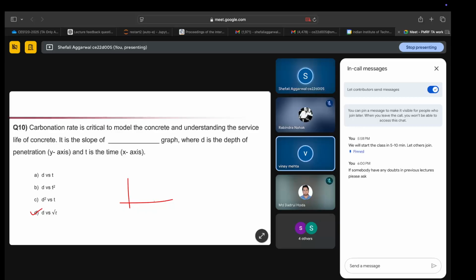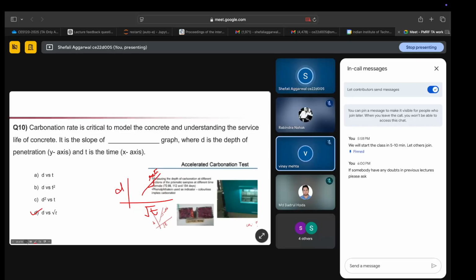So usually the slope here will give us the rate, and this will be a graph between d by under root t. So that's why this will be your d versus under root t. Sir might have actually taught you in the class how we are getting the carbonation rate.